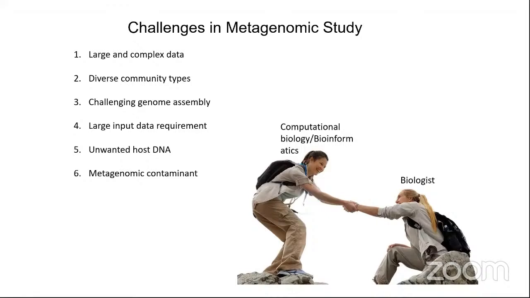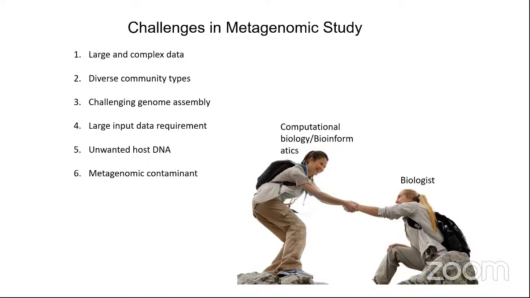Despite the fact that it is extremely beneficial to us, metagenomics of course comes with a lot of difficulties and challenges. One of the most important challenges is that metagenomics data is relatively complex and large, and it complicates the informatic analysis.